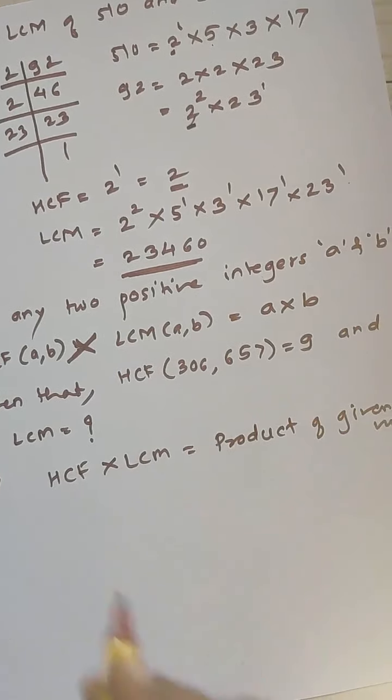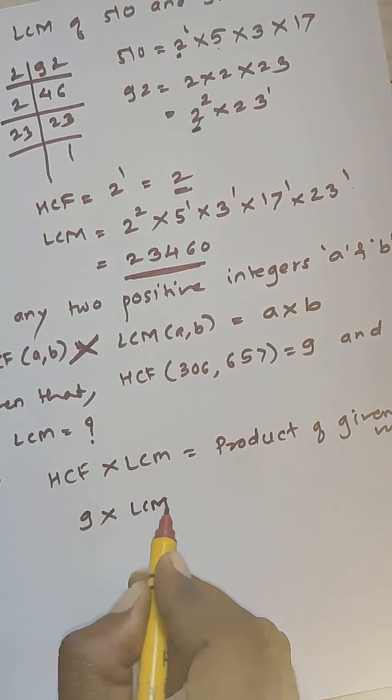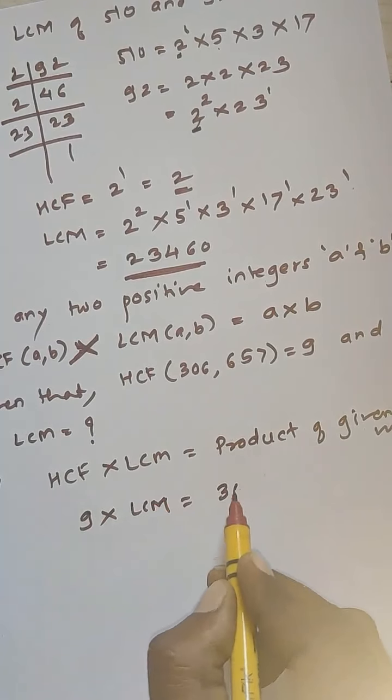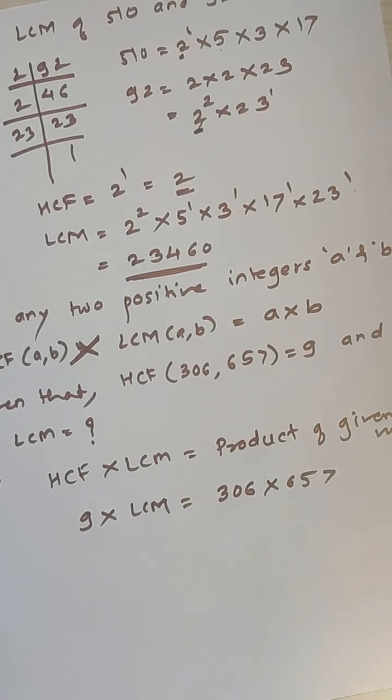So the HCF is given as 9, the LCM we have to find out, and the product of the given numbers is 306 into 657.